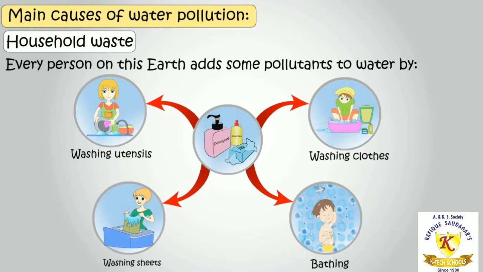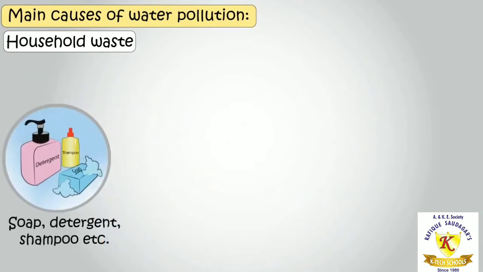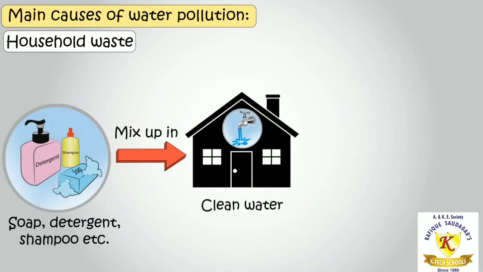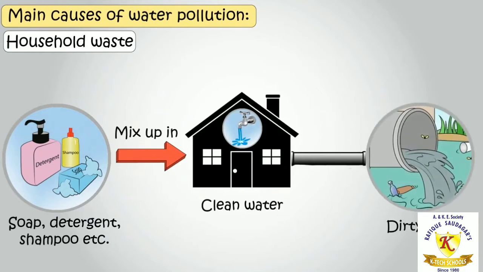People bathe using soaps and shampoos. All these soaps, detergent and shampoo mix up with the clean water and turn it into dirty water that ultimately reaches the water bodies through long pipes and contaminates the water.